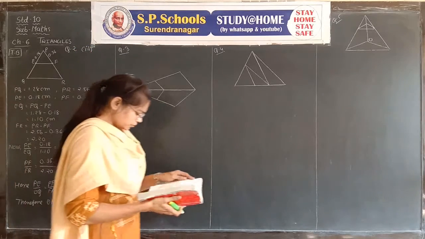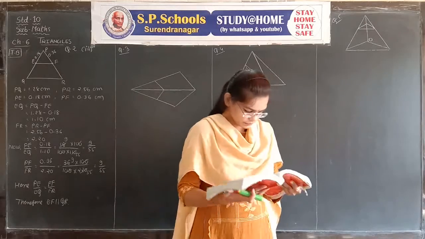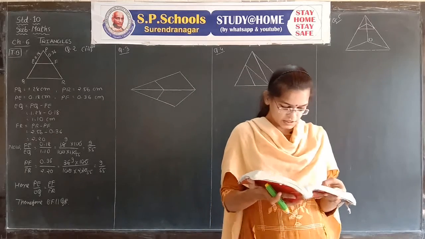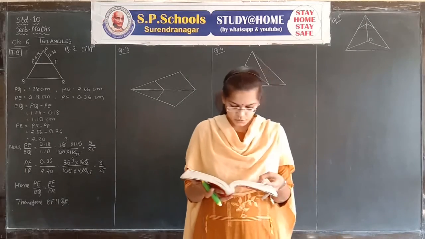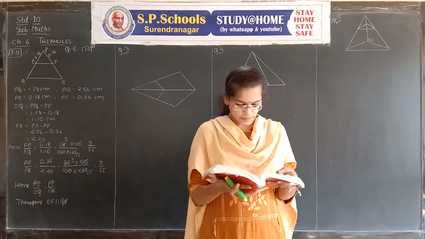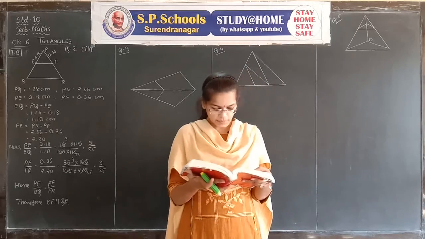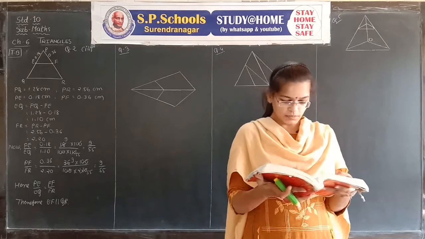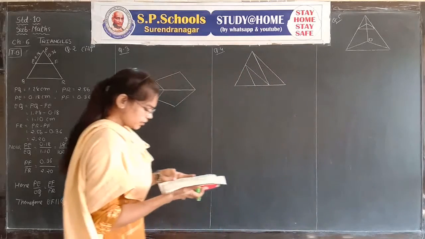Now see the third one. Question number 3. In figure 6.18, if LM is parallel to CB and LN is parallel to CD, prove that AM upon AB is equal to AN upon AD. The figure 6.18 is given.